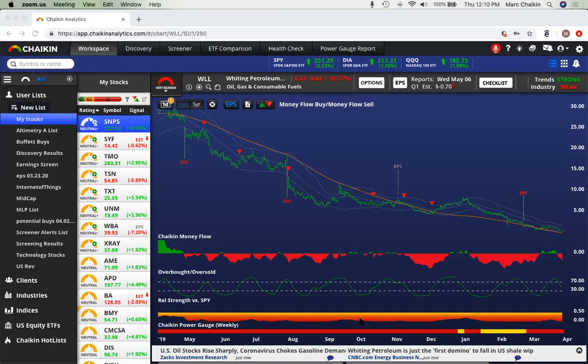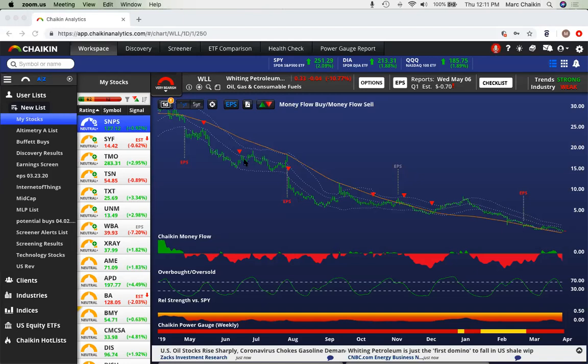And then when we look up to the Chaikin money flow indicator, which many of you access as a go-to indicator on TradeStation, you see that instead of mountains of green, we have a big sea of red. At every turn, institutional investors were getting out of energy stocks, and Whiting in particular is a classic bear example.